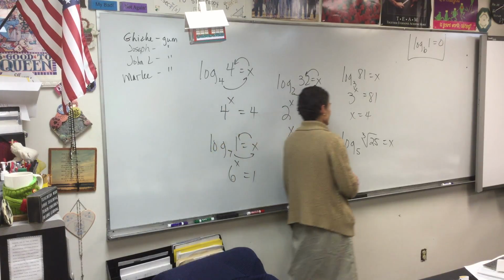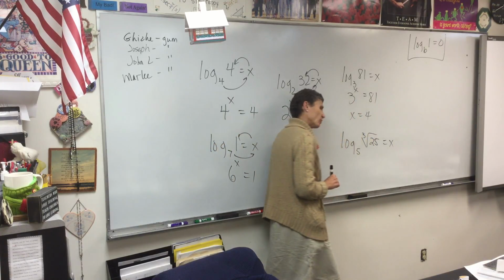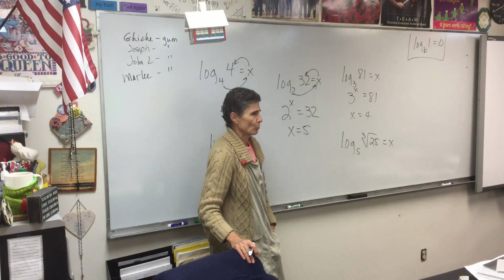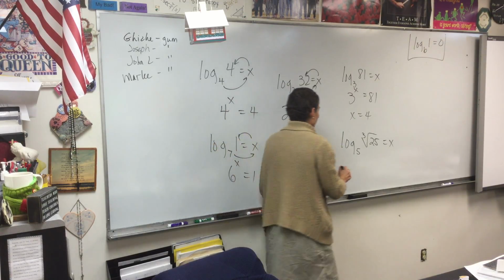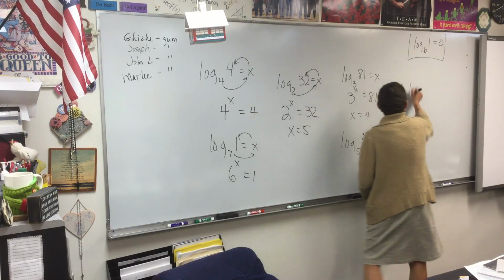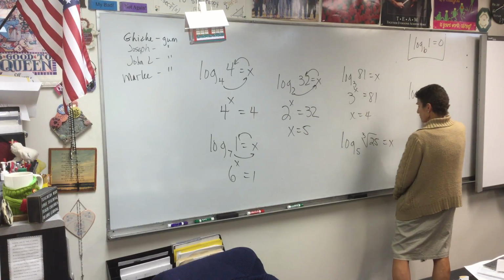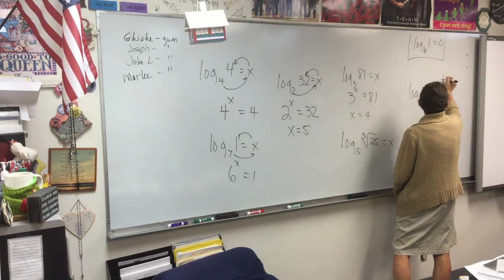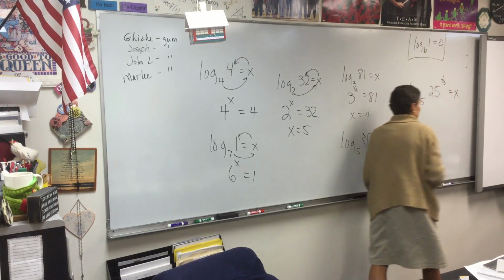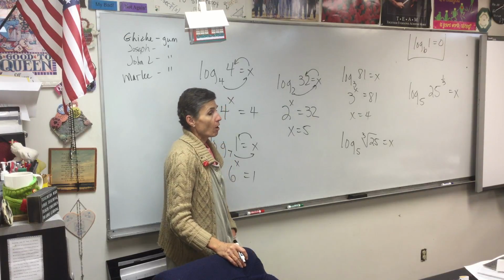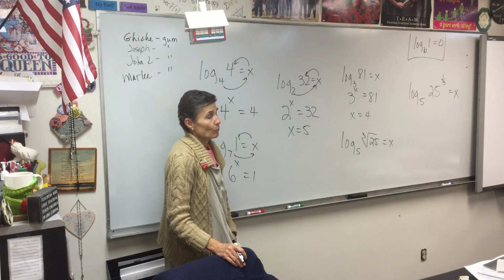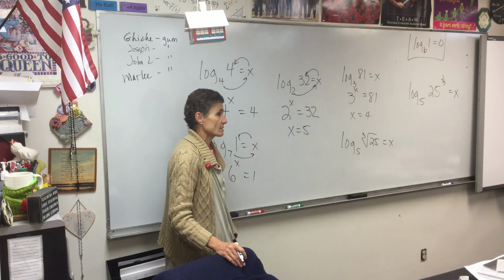So if I don't want to see a cube root, how could I rewrite a cube root? 25 to the 1/3 power. So I'm going to write this as the log base 5 of 25 to the 1/3. When you're doing logs, get rid of your radicals. Write them as fractional exponents.